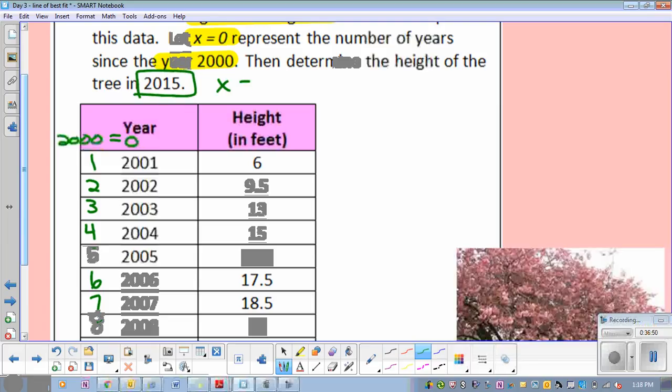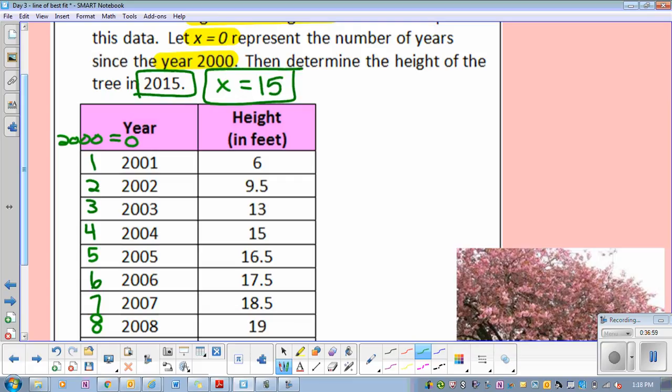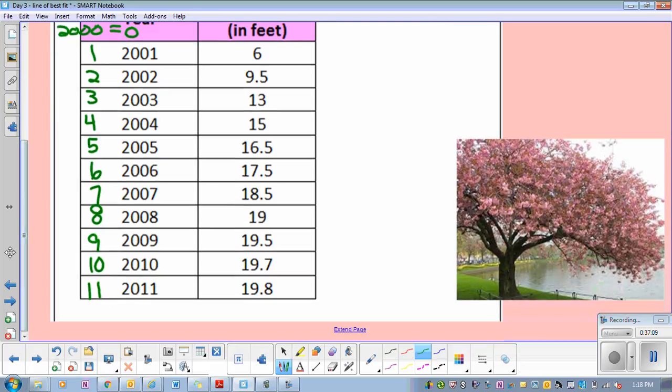Well, that's really 15, because 2015 minus 2000 is 15. That's what you're going to plug in after you find your ln reg model. All right, so now we're going to put this into L1, 1 through 11.